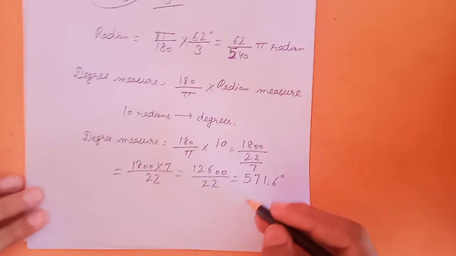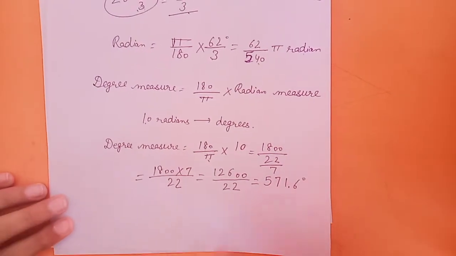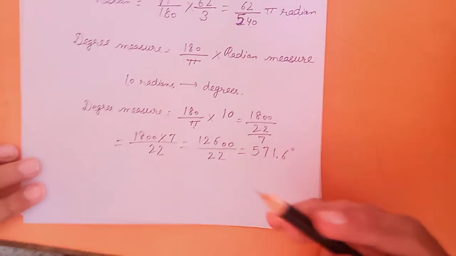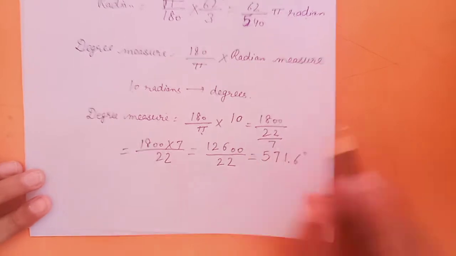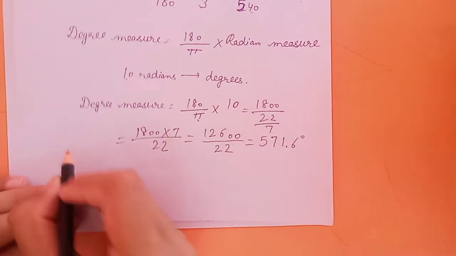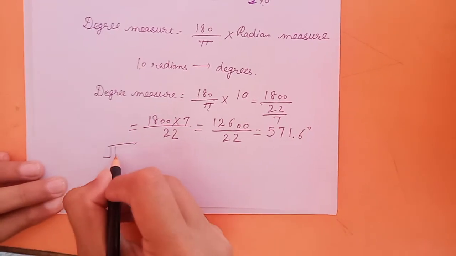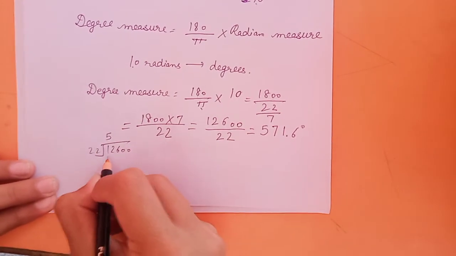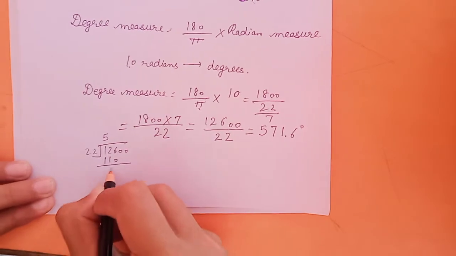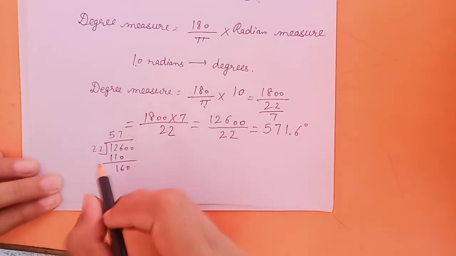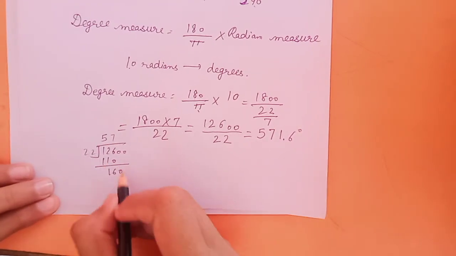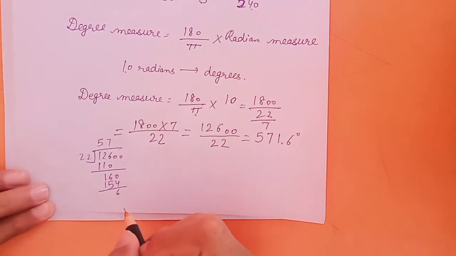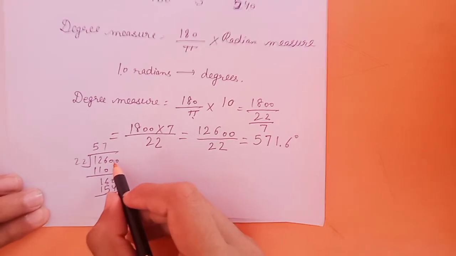Also, if you want to extend it, meaning you want to convert it into minutes or seconds, that you can also do. How will you do it? First we complete the whole division by 22. We got 5, 110, 160, 7 is 154 and 6, 60.